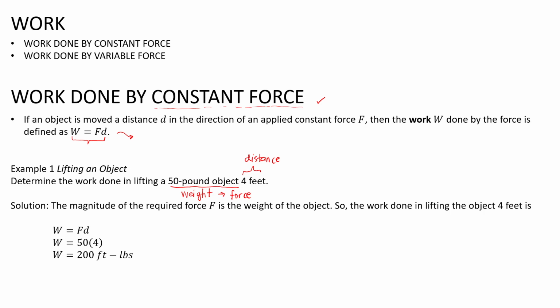So we directly use the formula, work equals force times the displacement or the distance, and it will give you 200 foot-pound work. It's direct, diba? If you compare this later with the work done by a variable force, there's a difference, because if we're determining work done by a variable force, we'll be using integral calculus already.